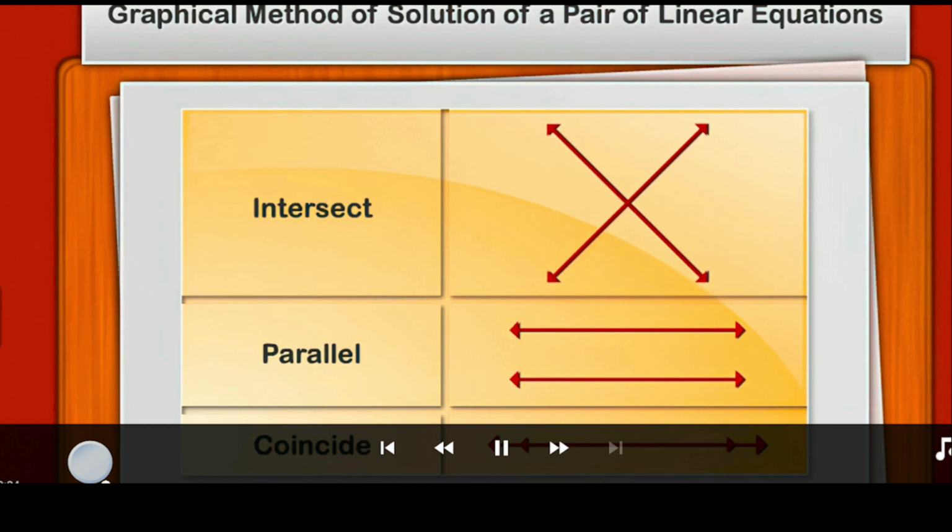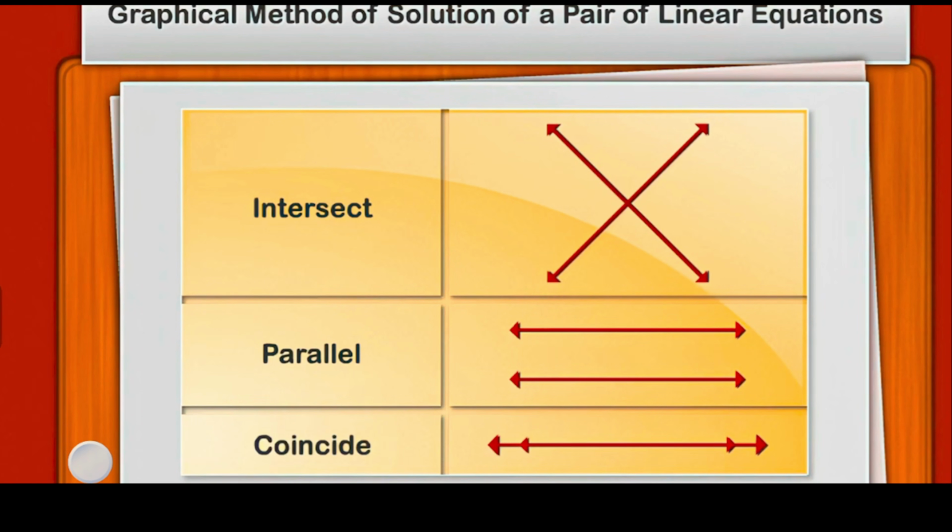We have also seen that the lines may intersect, or may be parallel, or may coincide. Can we solve them in each case? And if so, how? We shall try and answer these questions from the geometrical point of view in this section.